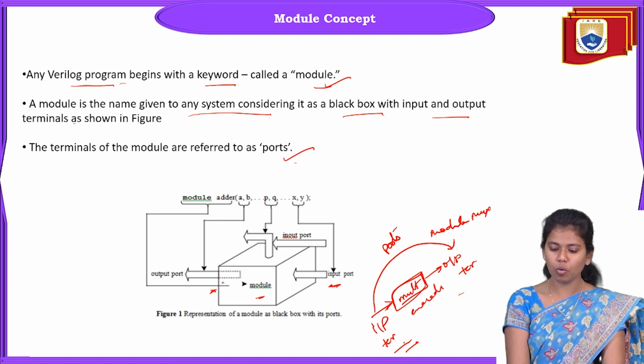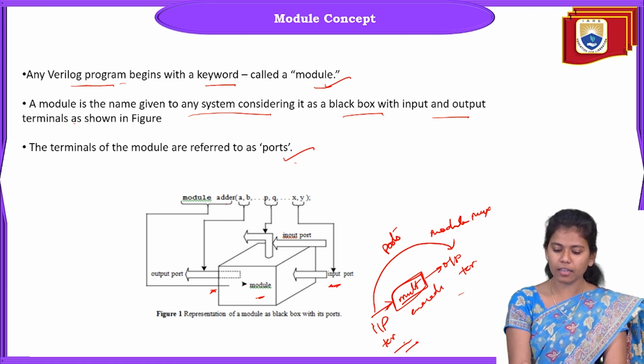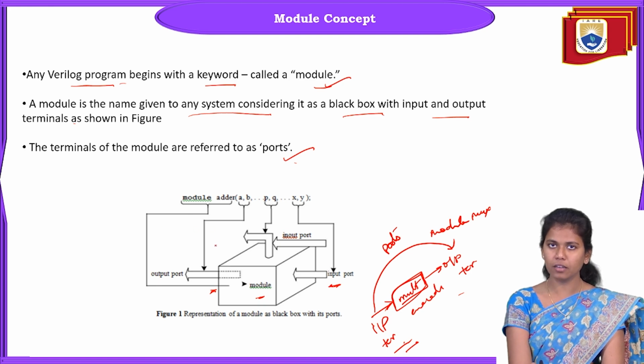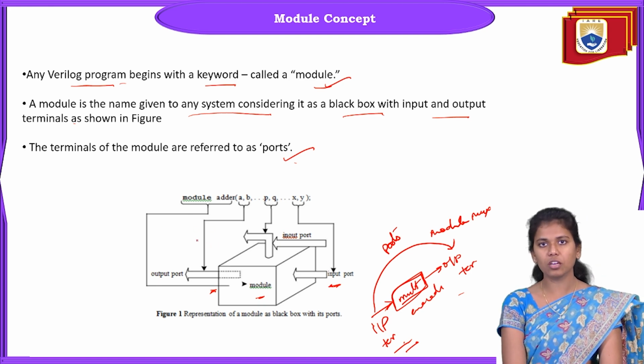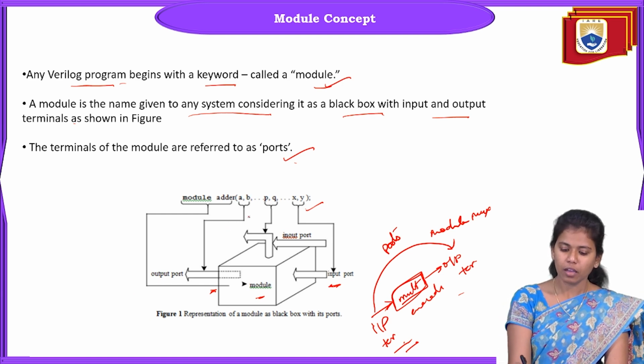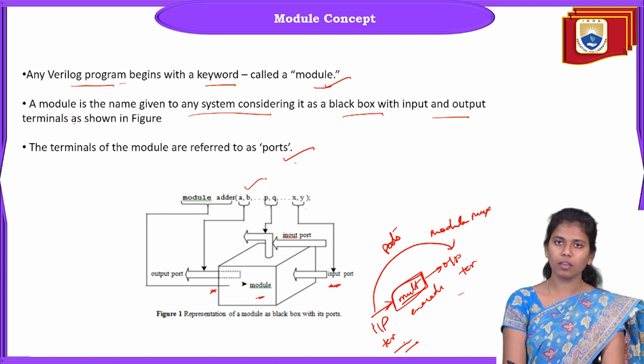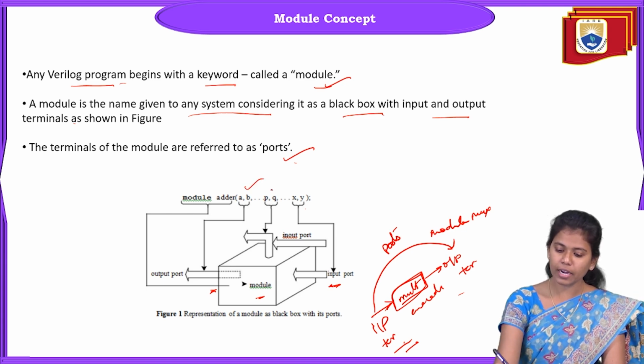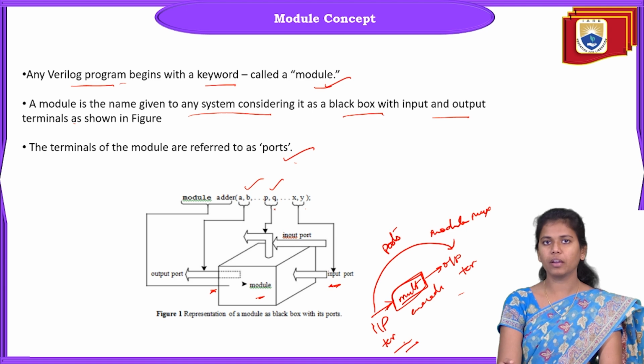Take module adder. If the digital circuit you are considering is an adder, then the input ports are X and Y, the output ports are A and B, and the input-output ports are P and Q.